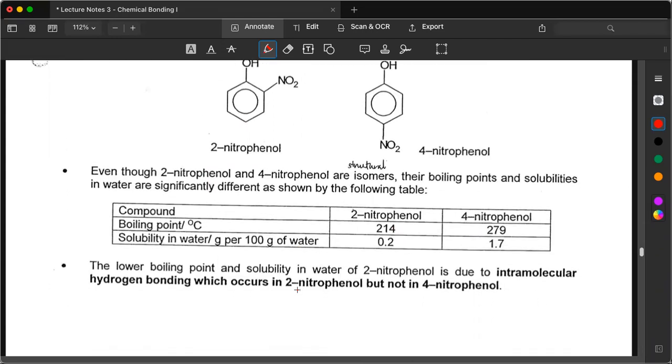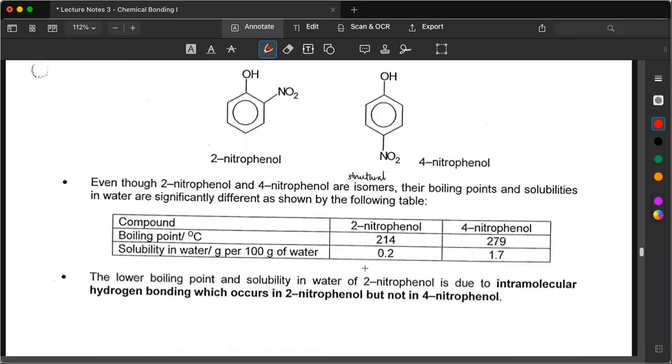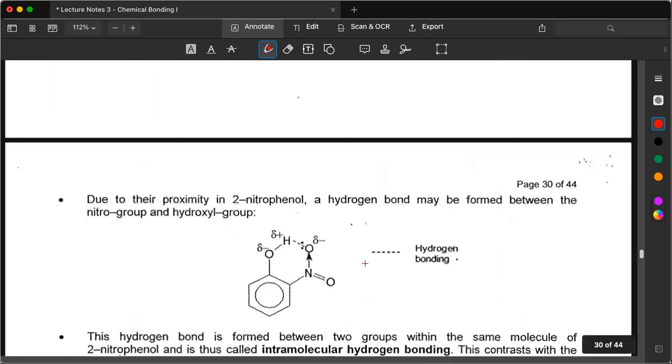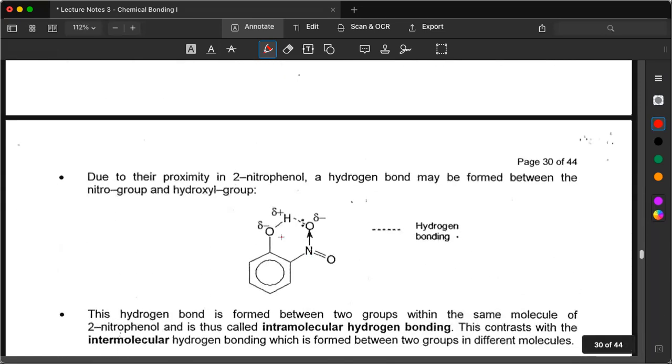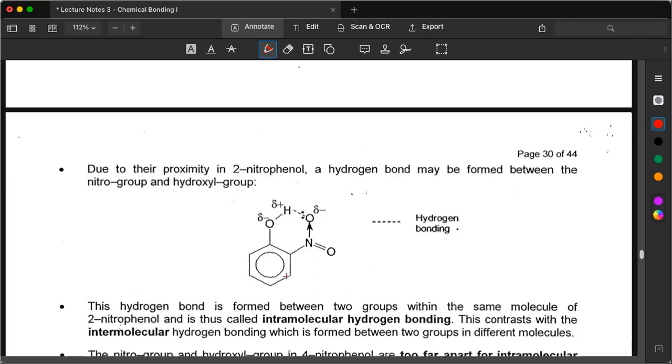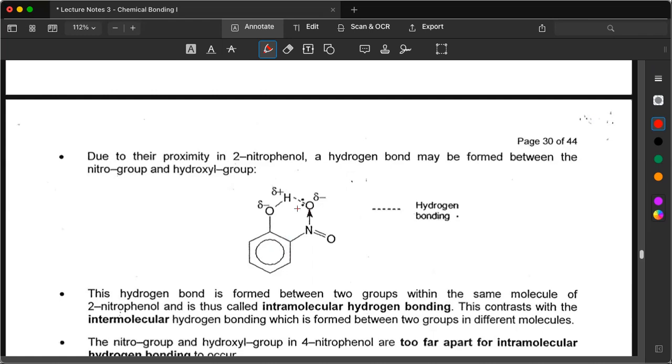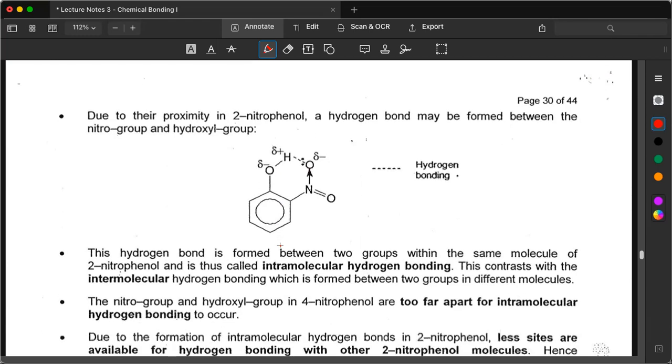Yes, the lower boiling point and solubility of 2-nitrophenol is due to intramolecular hydrogen bonding. Because you see, this NO2 is closer to this OH, so there's greater chance of intramolecular hydrogen bond. So the hydrogen bond is formed between the 2 groups here. We call it intramolecular hydrogen bond.